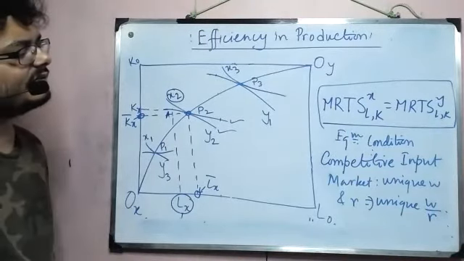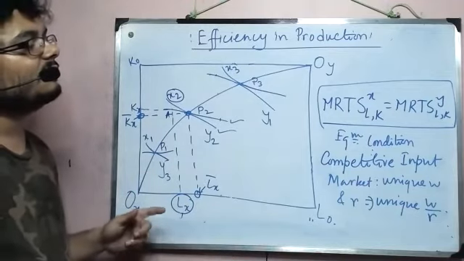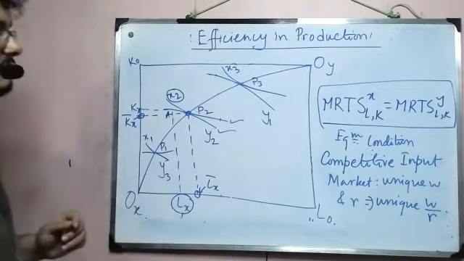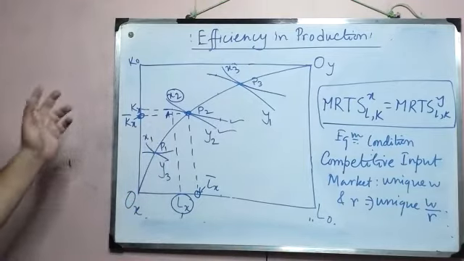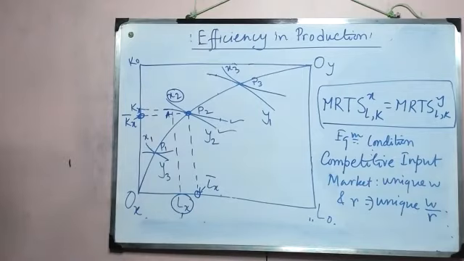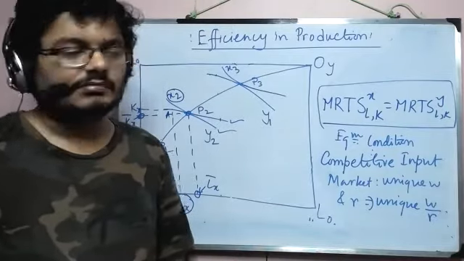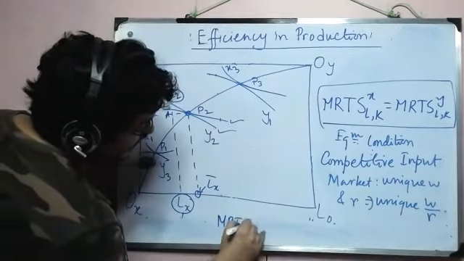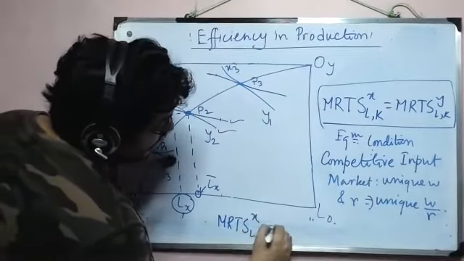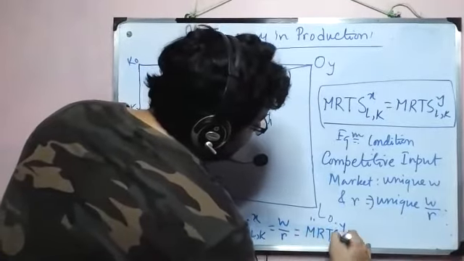And if I solve the same kind of optimization problem that we have solved in case of consumption, that is, if we optimize somebody's production, then we will find that, much like there we had MRS equal to P1 by P2, here we will have MRTS X L comma K equal to W by R equal to MRTS Y L comma K.